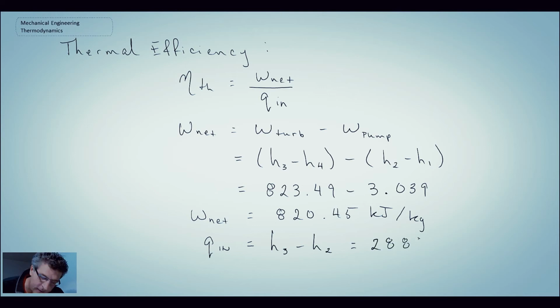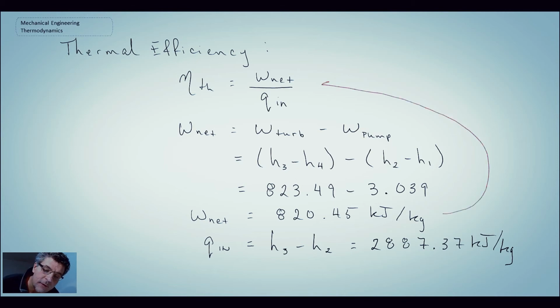Knowing the values of enthalpy, there we have work net and Q in, and with that we can go back and take each of these and plug them into this equation up here. So let's go about doing that, and then that will enable us to determine the thermal efficiency of this cycle.